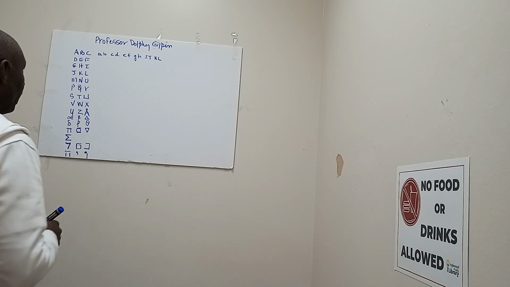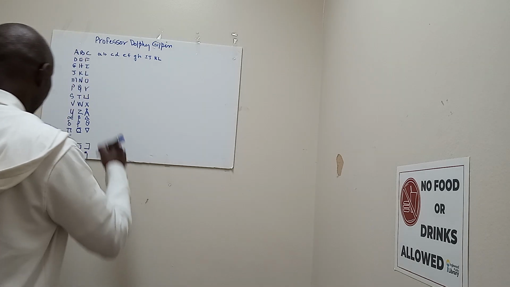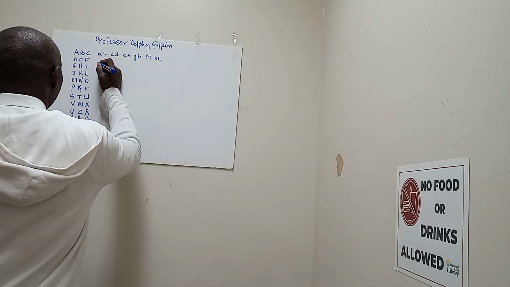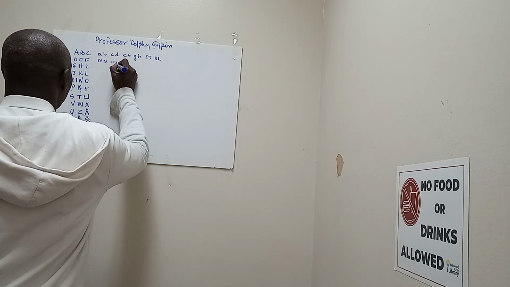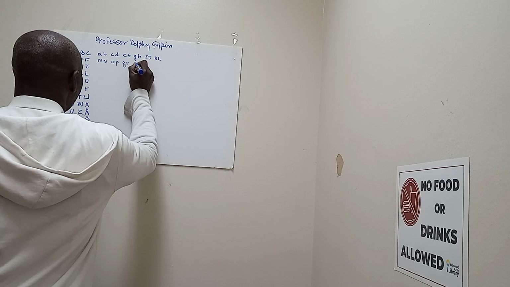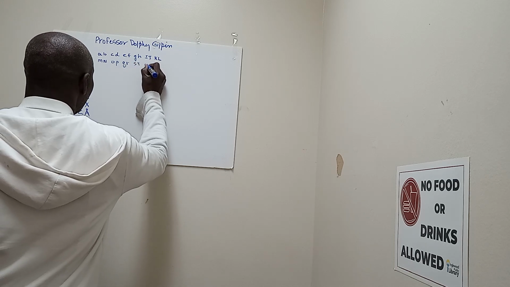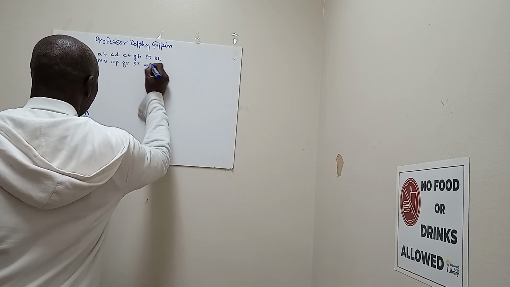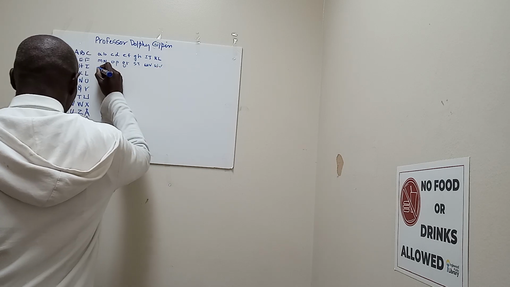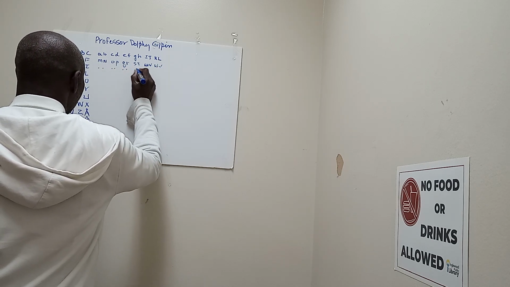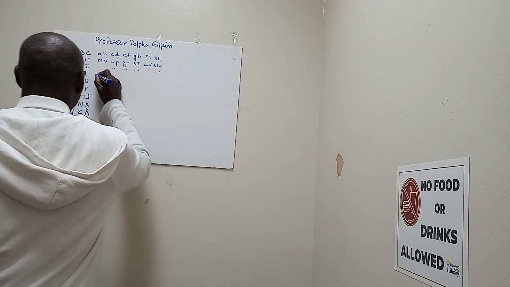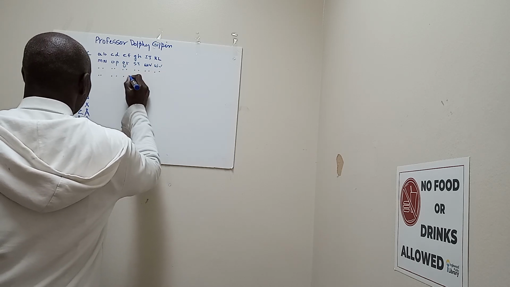We're on 15 here already. M, N, O, P, Q, R, S, T, U, V, W, X. And I'm just going to leave some dots here representing letters.